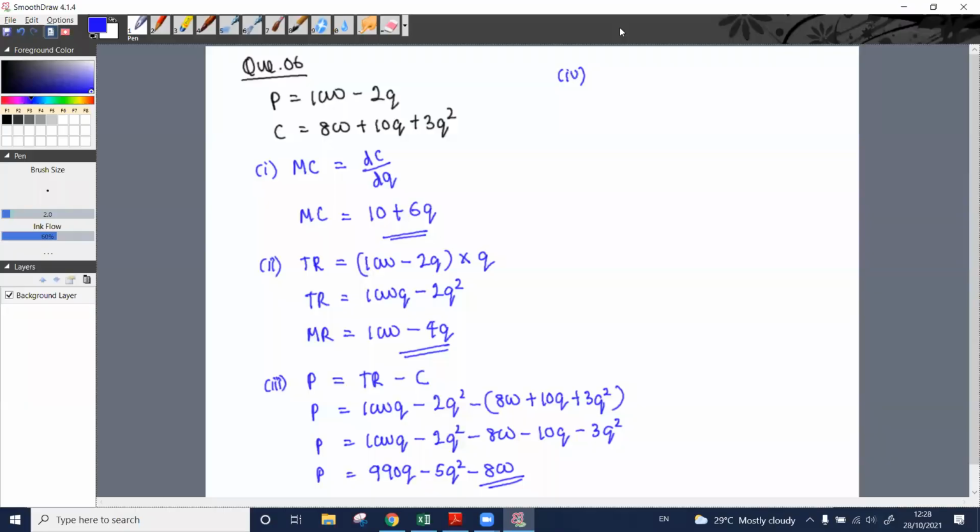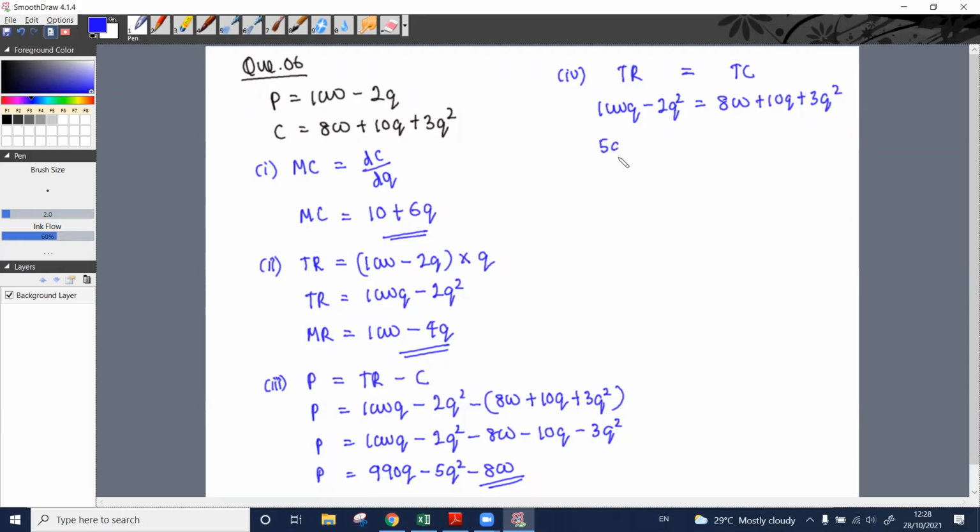Part 4, the break-even point is the point where our total revenue equals total cost. Total revenue is 1000Q minus 2Q squared. Total cost is 800 plus 10Q plus 3Q squared.